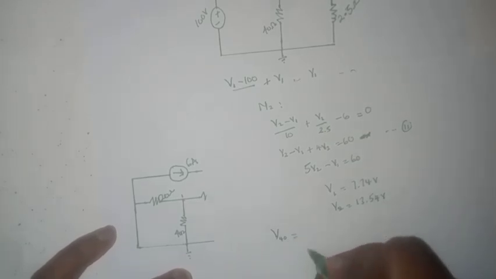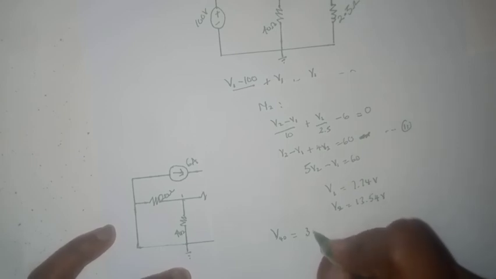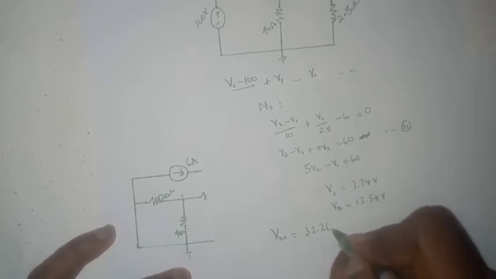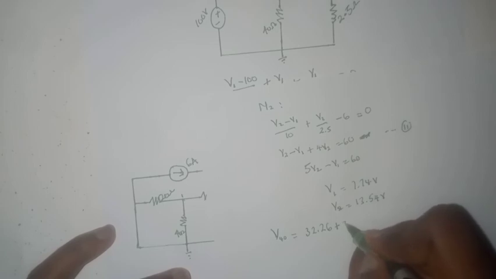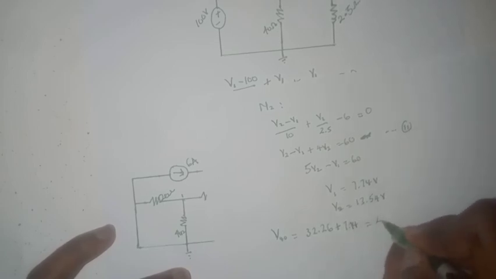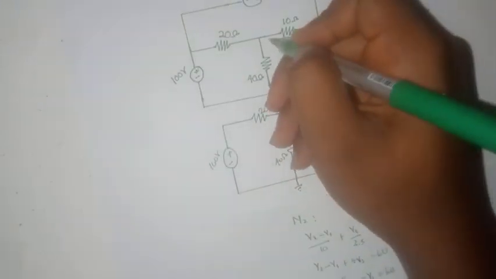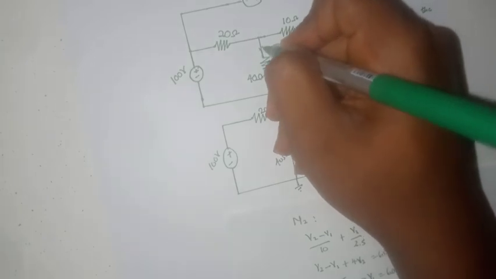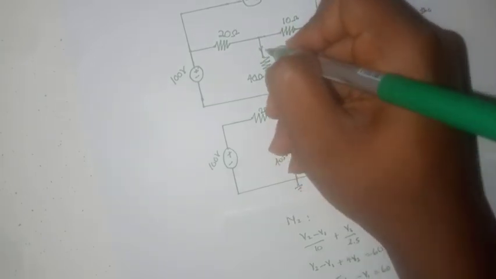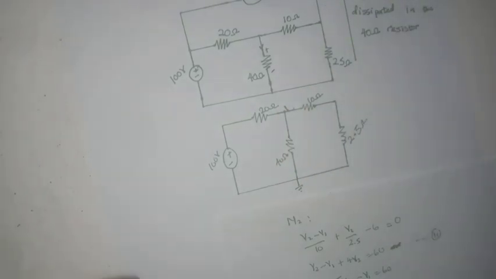Let's call the voltage across the 40 ohm resistor V40. Then the total voltage would be 32.26 plus 7.74, and that would be 40 volts, in this direction, so we would have positive and negative.